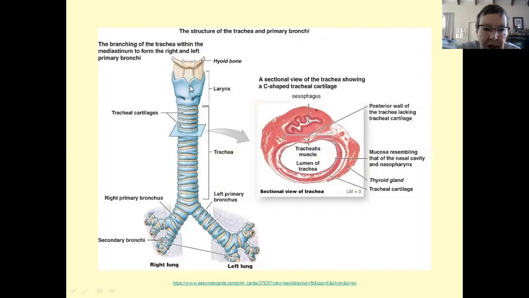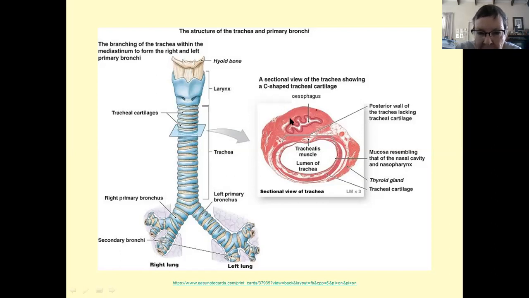So here you can see larynx, trachea, and then the trachea branching off into the two bronchi. And in a cross section, this is a cross section under the microscope of an actual trachea. So here's the lumen of trachea, and here's the little soft membranous part at the back, because the cartilage ring is just for the C-shaped section. The back of it doesn't have cartilage in the wall of the trachea.